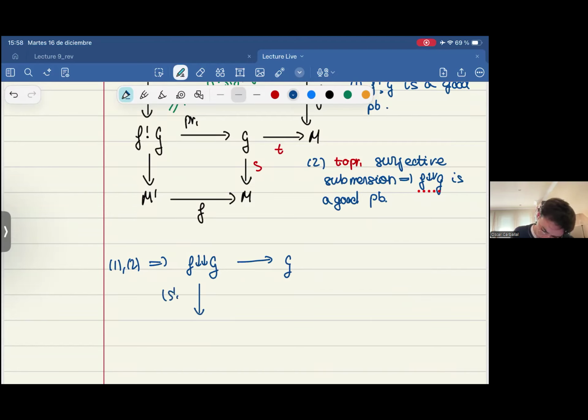This map here is the anchor of our new Lie groupoid over M prime, and this diagram is a pullback. This is a very natural thing when talking about Morita maps.